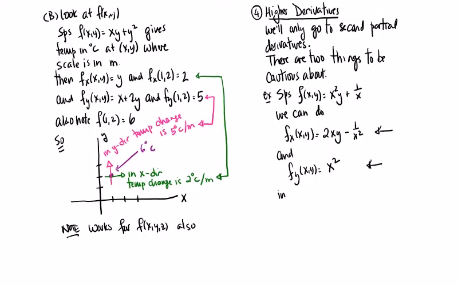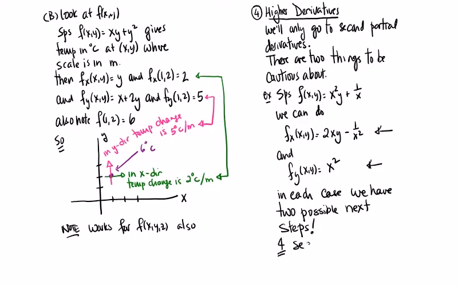Which means in each case we have two possible next steps. So there are 4 second partial derivatives, or second partials, if you like. The word partials is sometimes used to mean partial derivatives.